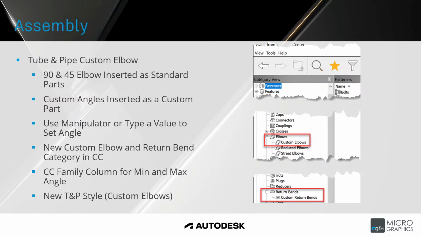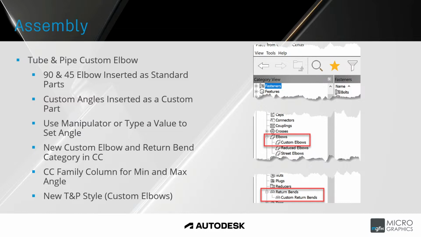Now, to make this possible, Autodesk have created new custom elbow and return bend categories in Content Center. So we see on the right hand side, elbows, custom elbows, and return bends, custom return bend categories in Content Center with their relevant Content Center families inside of those categories.